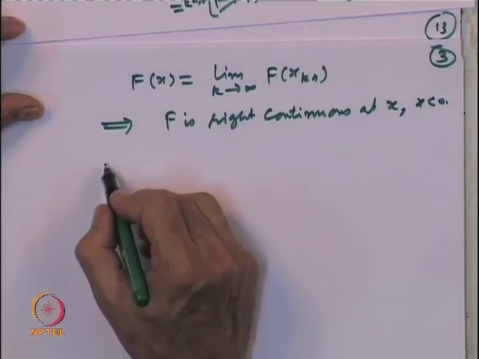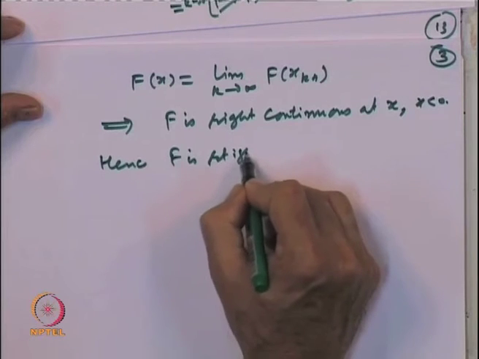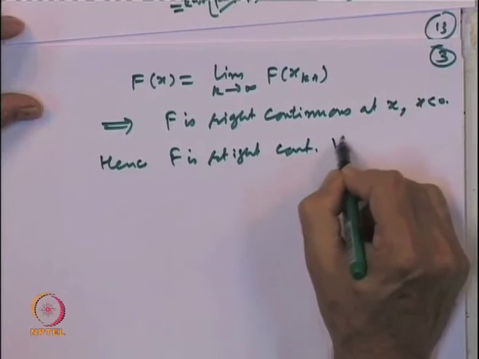So, hence f is right continuous for every x.